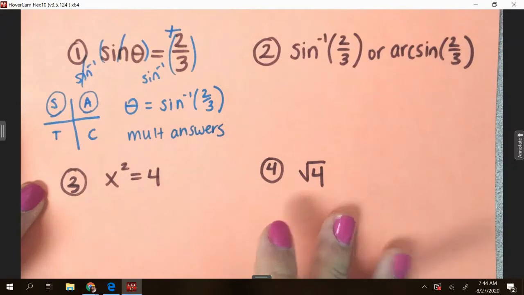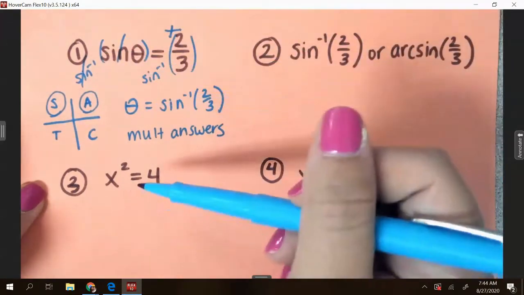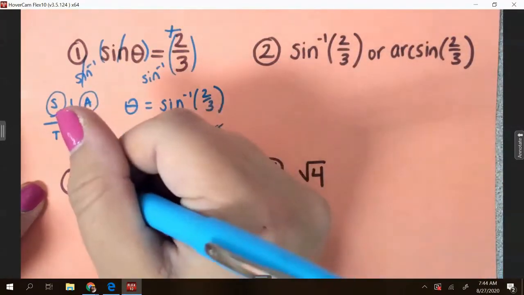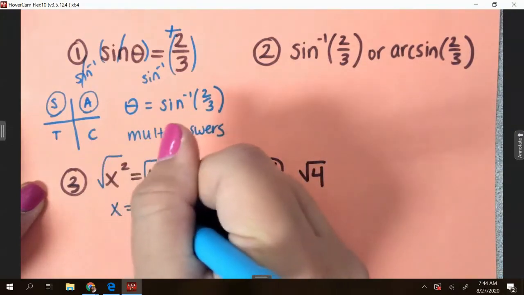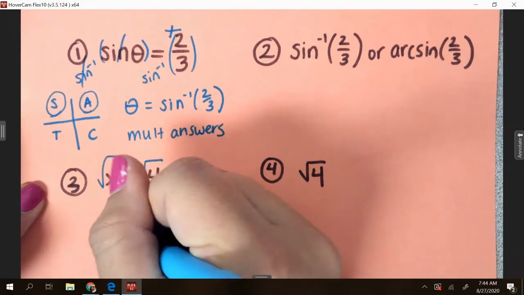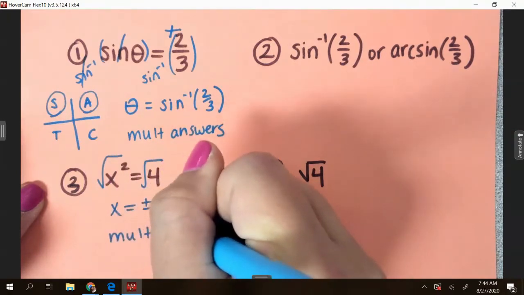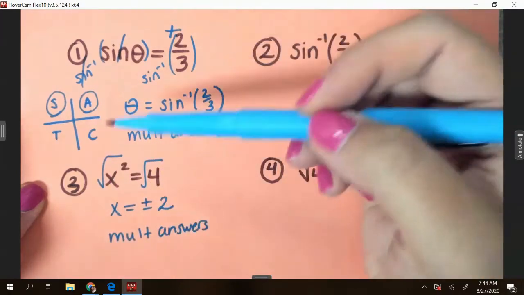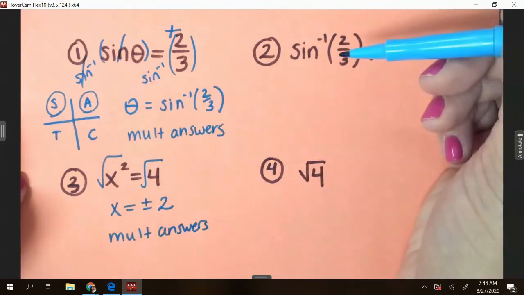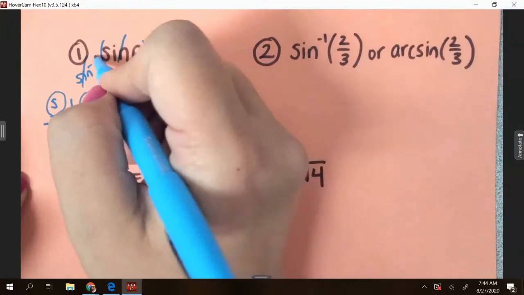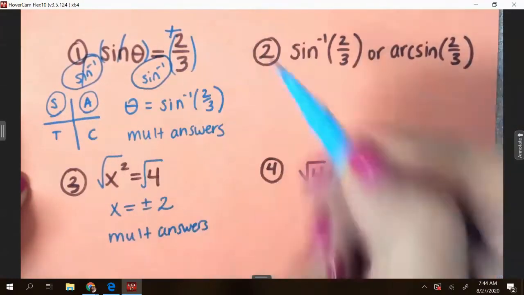Okay. I'm going to compare this example to something like x squared equals 4, where again, if you square root both sides, you would get plus or minus 2 as your answer, so you'd have multiple answers. Anytime you're writing in the inverse yourself, you're going to see that we have multiple answers, right? Like here I had to write sine inverse in myself.